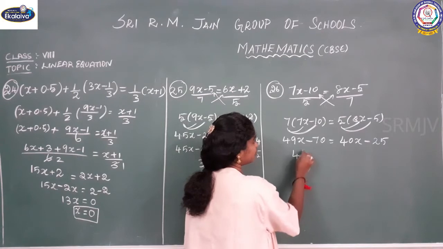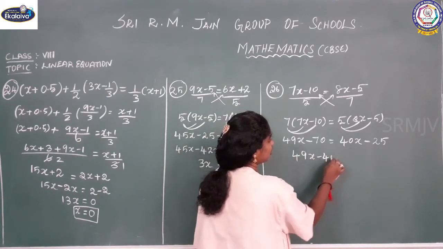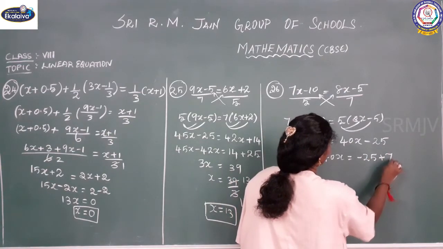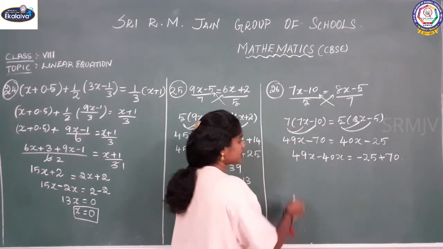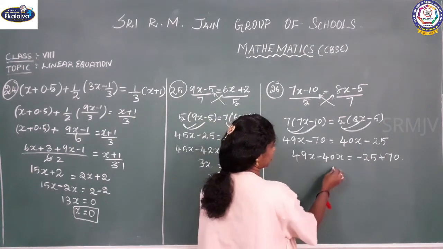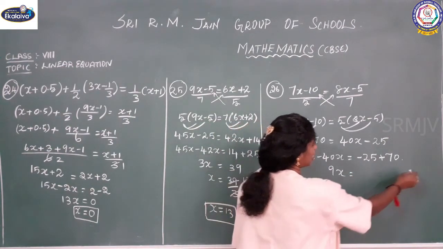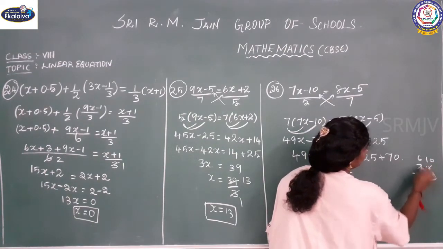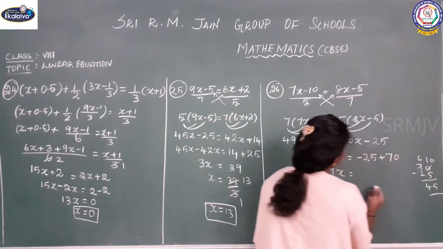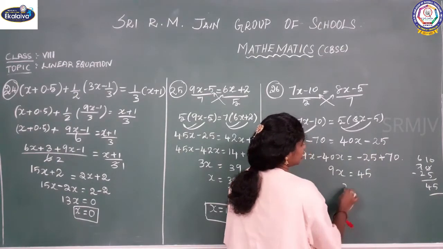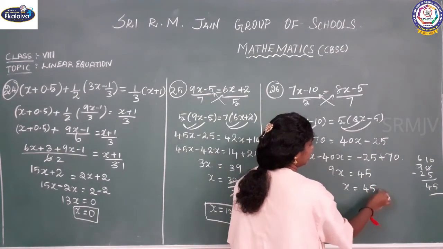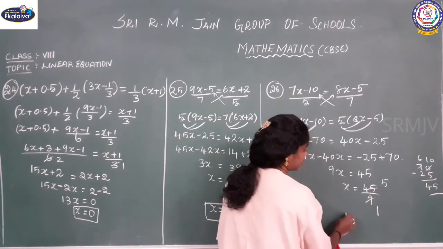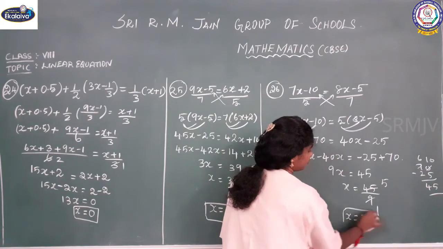So I'll get 49x minus 40x is equal to minus 25 plus 70. So 49x minus 40x, I'll get 9x. What is 70 minus 25? 45. X is equal to 45 by 9. 9 1s are 9, 9 5s are 45. The value of x is 5.